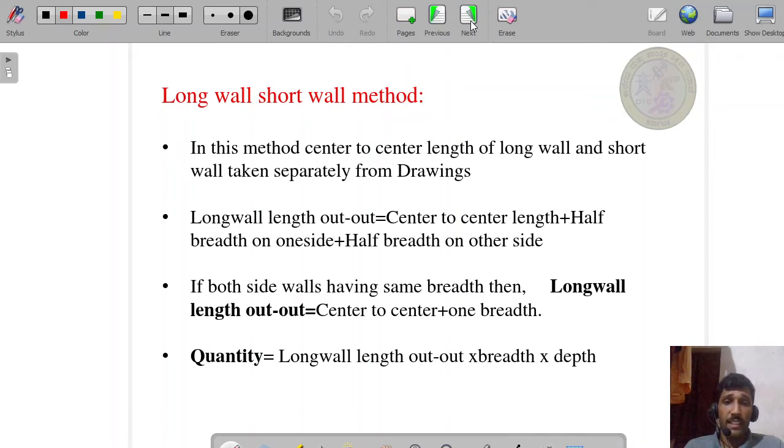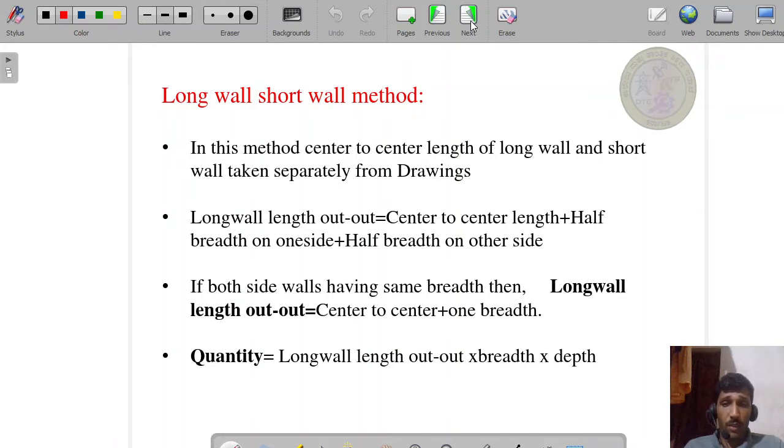The long wall length is equal to the center to center length, which we already calculated, plus half of the breadth on one side plus half of the breadth on the other side. The long wall length should always be calculated as the center to center length plus half of the breadth of the foundations on one side as well as the other side.